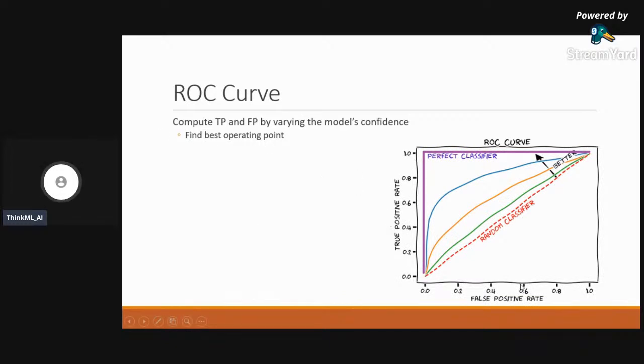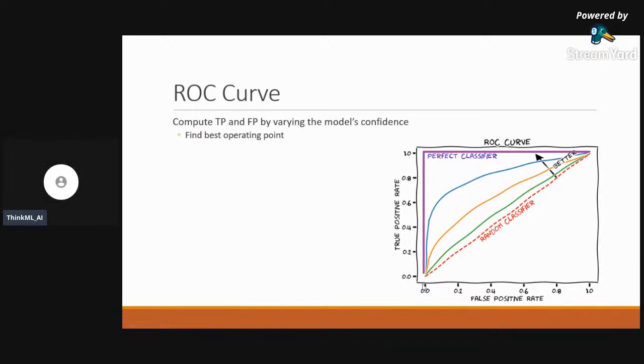Okay, so the x-axis is the false positive rate, the y-axis is the true positive rate, and if we get a curve which makes a 90-degree angle, it is the perfect classifier. That means it is giving you 0% false positive rate and true positive rate is 100%. Okay, so this dotted dashed line is the random classifier which will anyway be there.